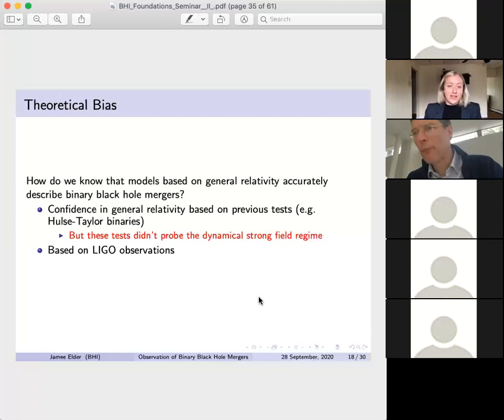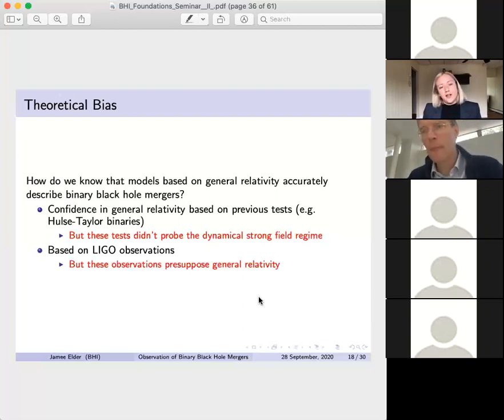Because these observations of the dynamical strong field regime will come to the rescue and show that the models we've been using are indeed accurate descriptions of the system in question. But the trouble is that these observations are very reliant on those very models. And insofar as those models are presupposing that general relativity does provide an accurate description of those systems, it looks like they're not going to be very good for testing whether or not general relativity is in fact accurate for those systems.